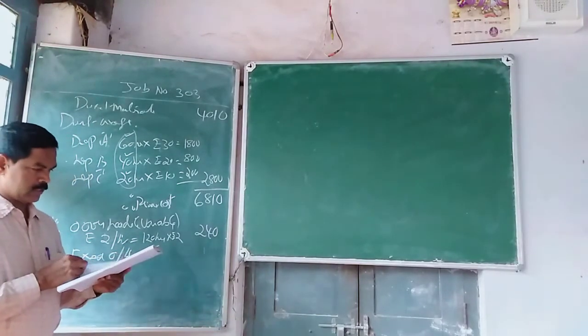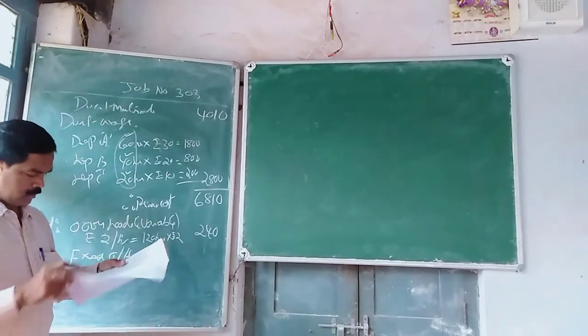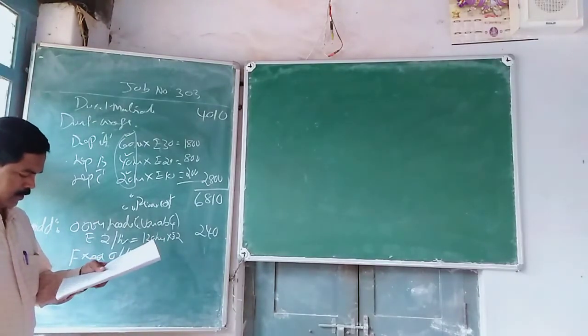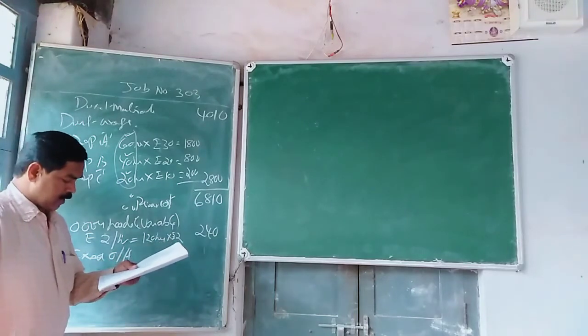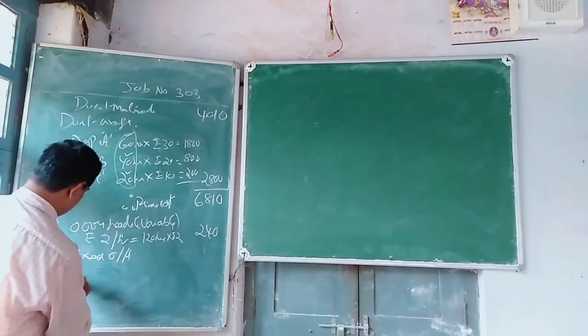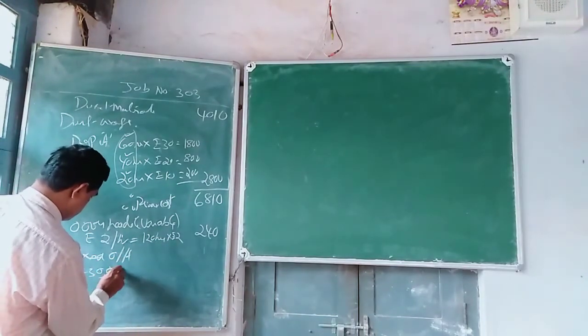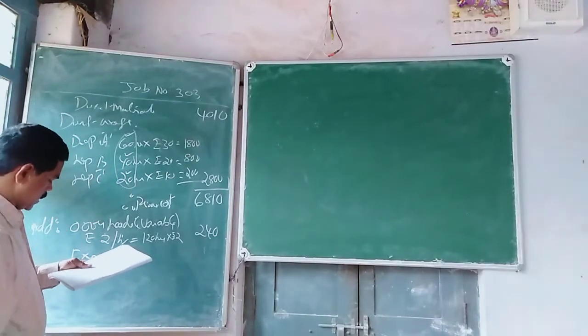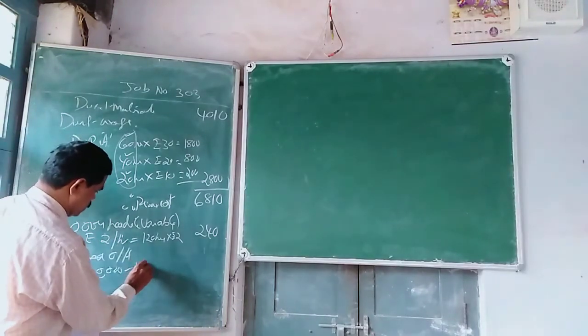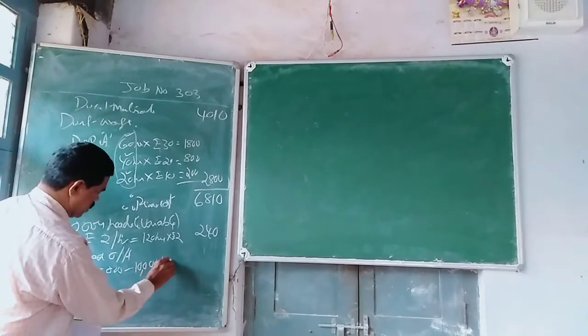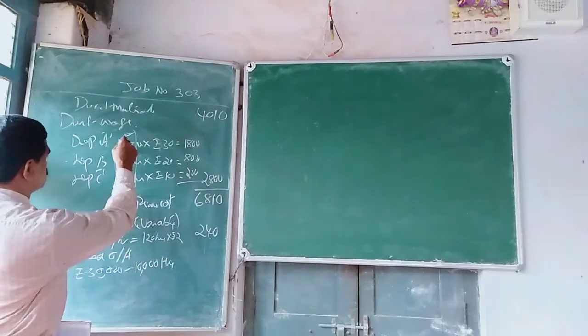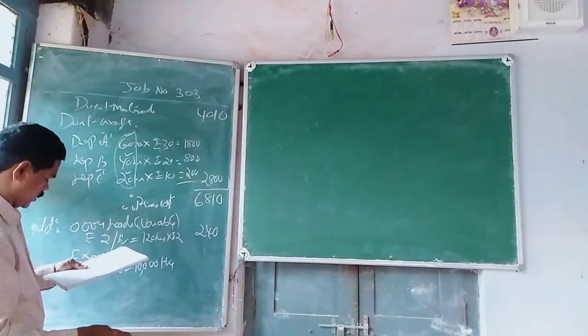Then fixed overheads. About fixed overheads, see the information is rupees 30,000 for 10,000 hours. Here in this job only 120 hours incurred.